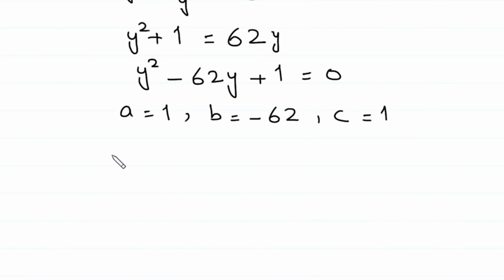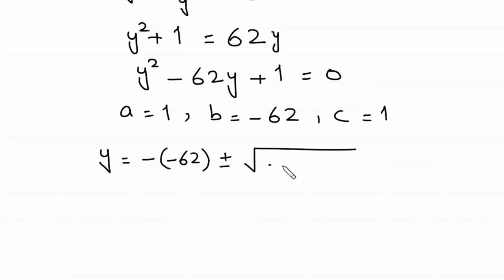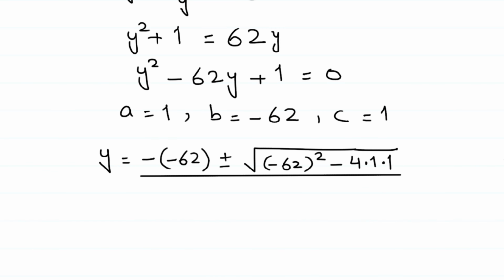And according to the quadratic formula, y is equal to minus the value of b, which is minus 62, plus minus square root of negative 62 square minus 4 times the value of a, 1, times the value of c, 1, divided by 2 times the value of a, 1.